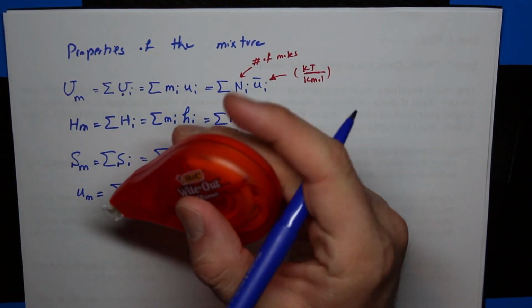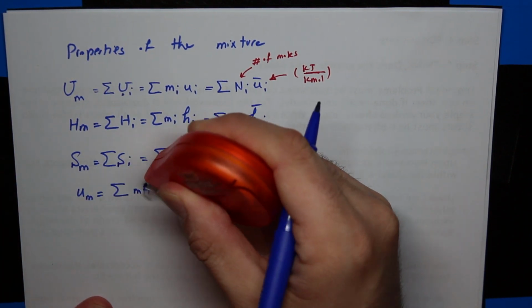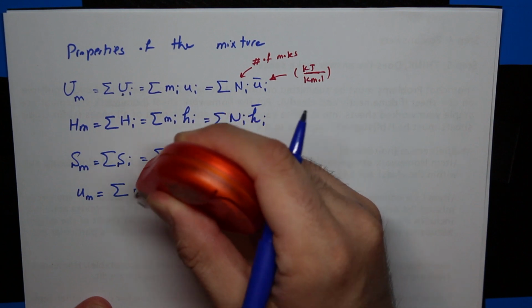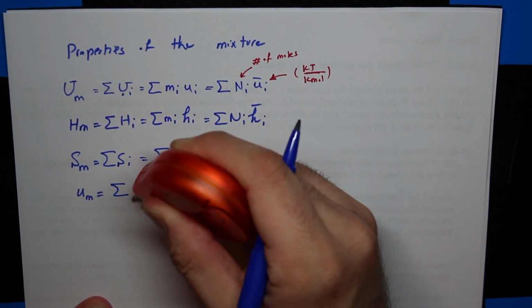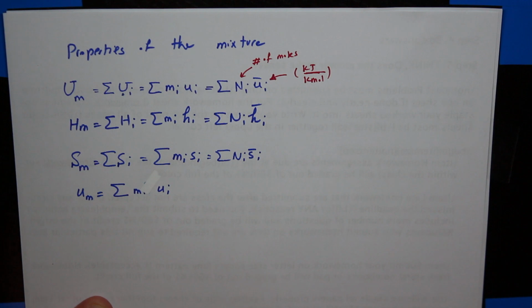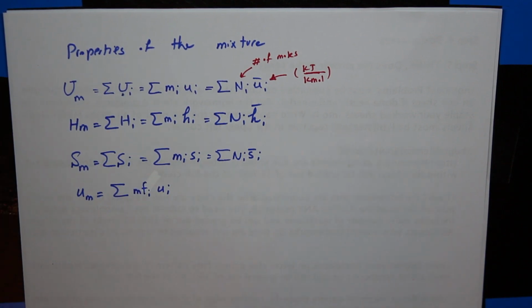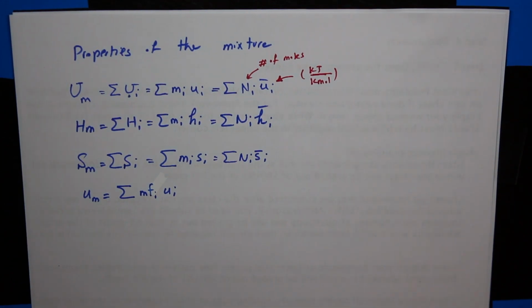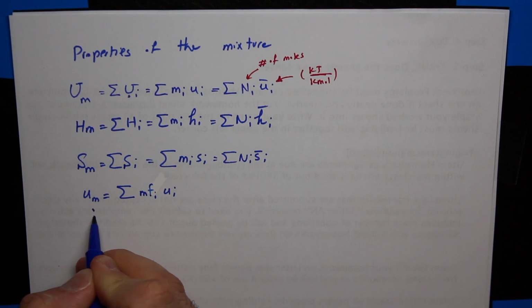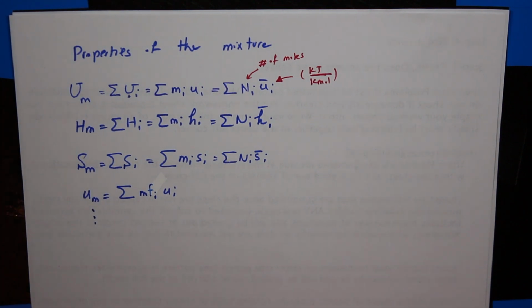So let me just correct this i here. Mass fraction of component i multiplied by the internal energy. And also I can do the same thing for other properties. So the same concept just applies to h and also s.